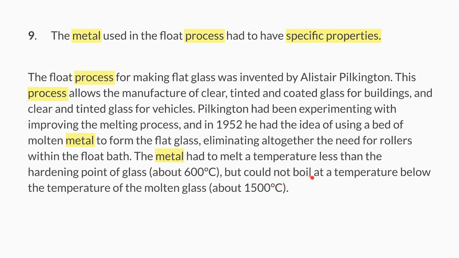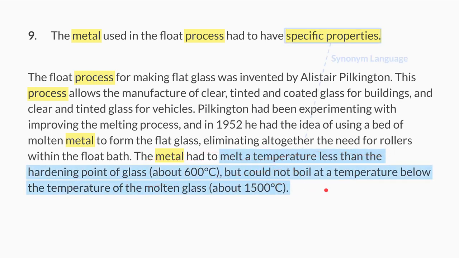It also says that it cannot boil at a temperature below 1500 degrees Celsius. So these two here are examples of properties. It's talking about the melting point, and it's also talking about the boiling point. So those are specific properties. So that is synonym language. So we're going to mark that part. You can underline it. This is going to be synonym language for specific properties of the metal.